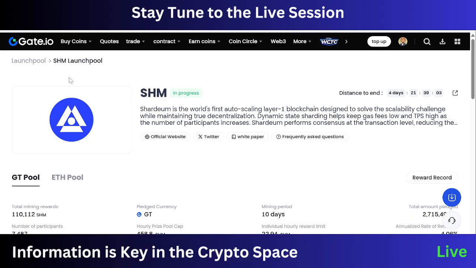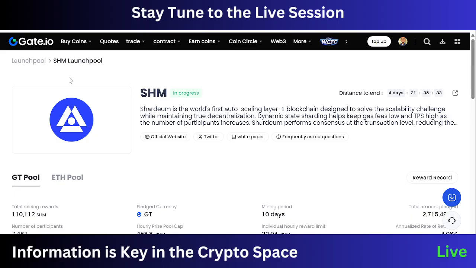After looking into the project info, we'll look into what the Gate.io Launchpool is and how to participate in it.